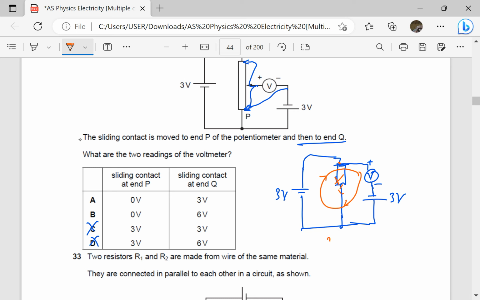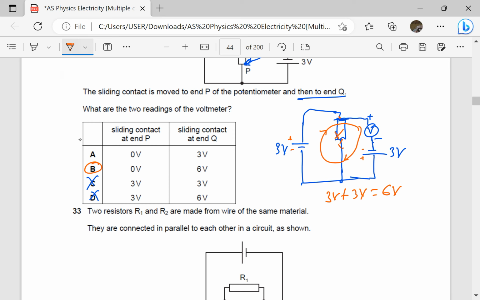So sum of EMFs is 3 volts plus 3 volts because they are in the same direction, positive to negative, and I'm moving around the loop clockwise. So it is 3 volts plus 3 volts, which is equal to 6 volts. Therefore, my answer is going to be B. The reading of the voltmeter will be the sum of the EMFs because the resistor has been left out when I draw that loop.